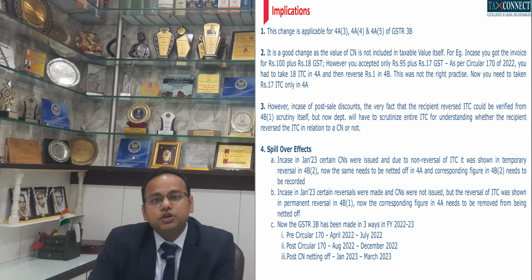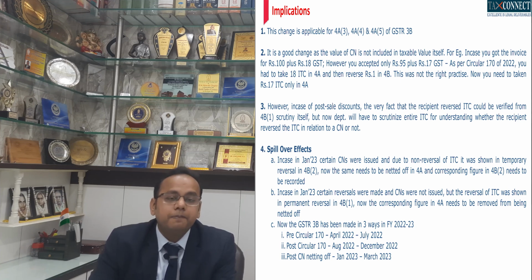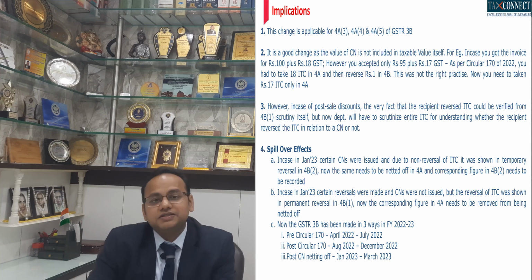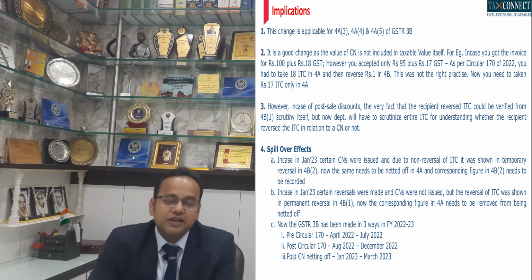Say for example, you have received a bill of a supplier for 100 rupees plus 18 rupees GST. However, you accepted it only for 95 plus 17 rupees GST. So, in your purchase register, you will book a credit of 17 rupees only.